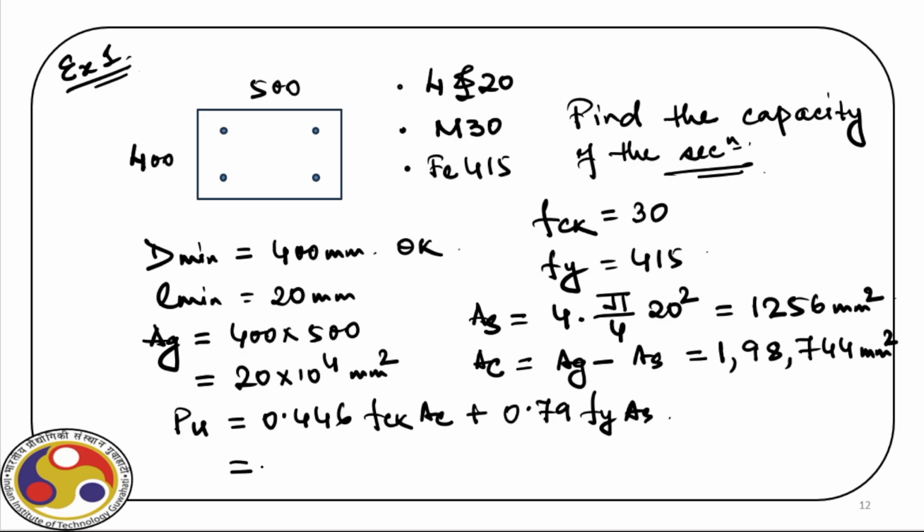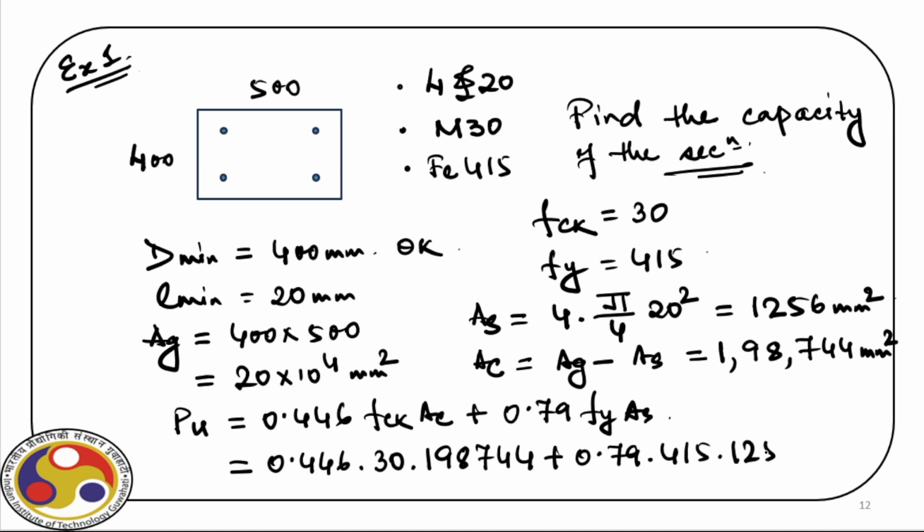So if we put all these values, we have 0.446 times fck 30 times Ac 198,744 plus 0.79 times 415 times 1256. So this is equal to 3071 kilonewton.